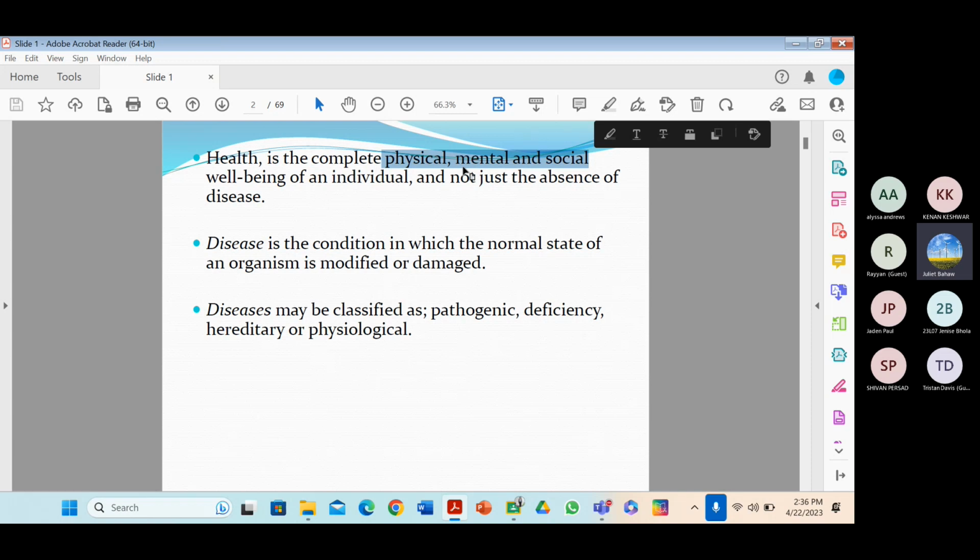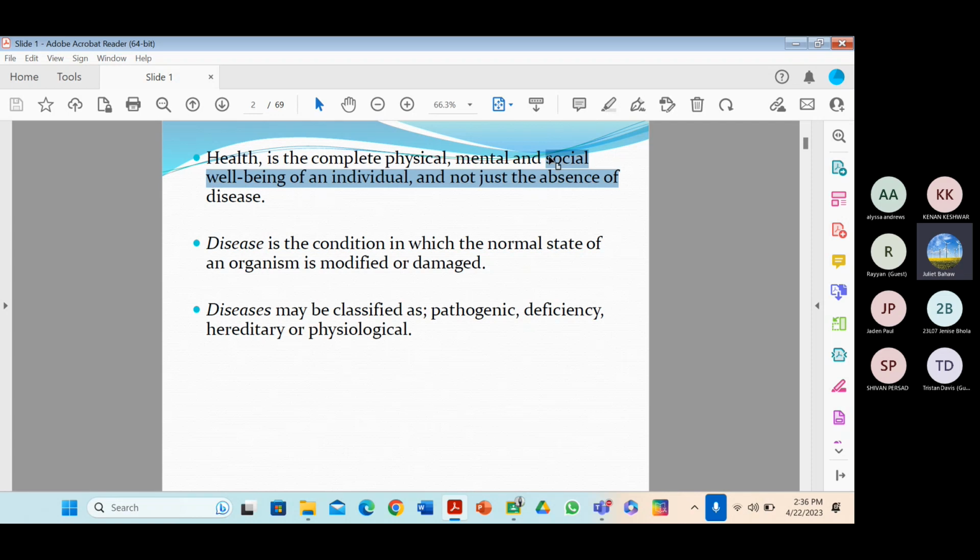Your mental has to do with your mind, your emotional health, how you feel. Social well-being is how you form bonds with your family. So social has to do with relationships, family relationships, or companions, friends. Social well-being is how social you are.